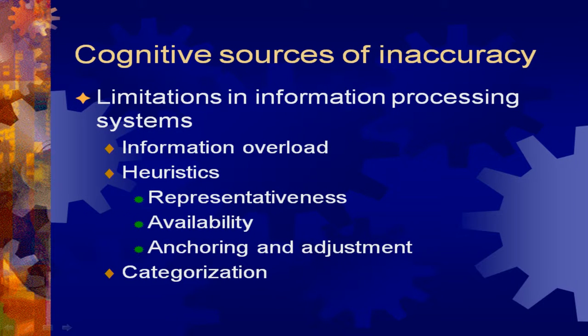Now the cognitive sources of inaccuracy are limitations in information processing systems. The second one is information overload, and the third one is heuristics. It includes representativeness, the second one is availability, the third one is anchoring and adjustment, and the fourth one is categorization.